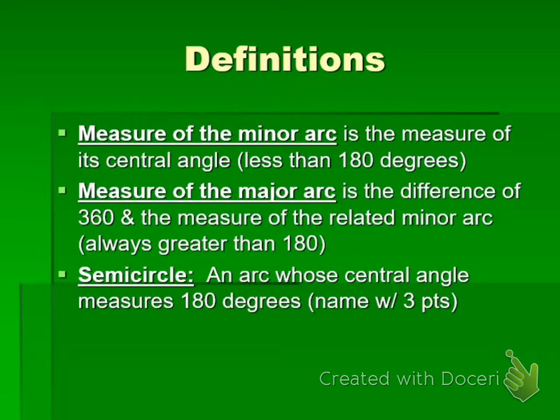So a measure of a major arc is always greater than 180 degrees. A semicircle is an arc whose central angle measures 180 degrees. So a semicircle would be half of the circle. They would still name it with 3 points.